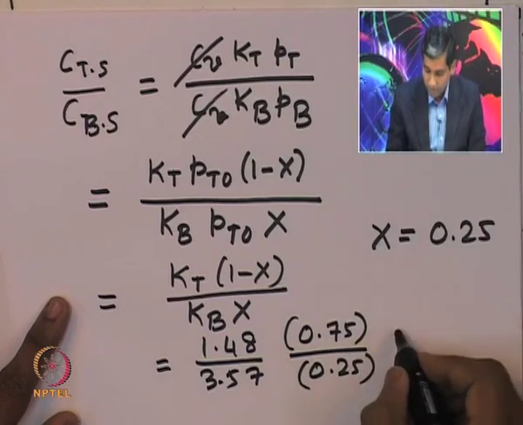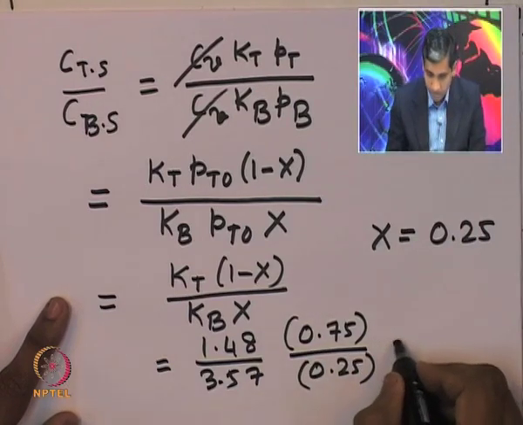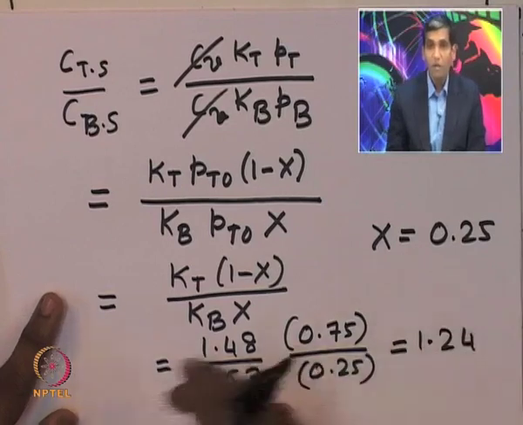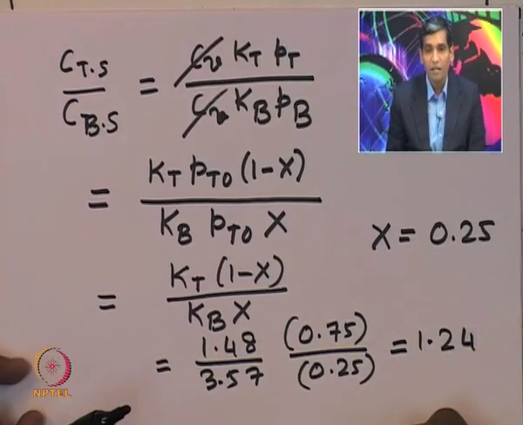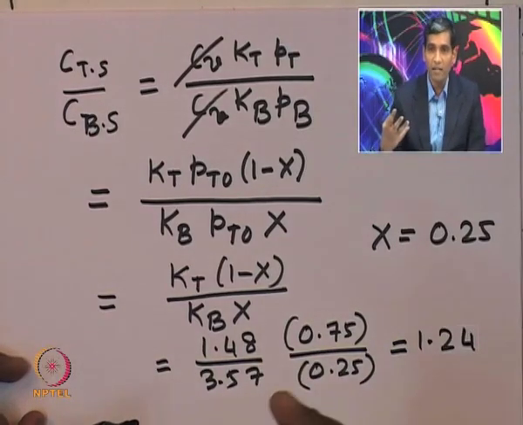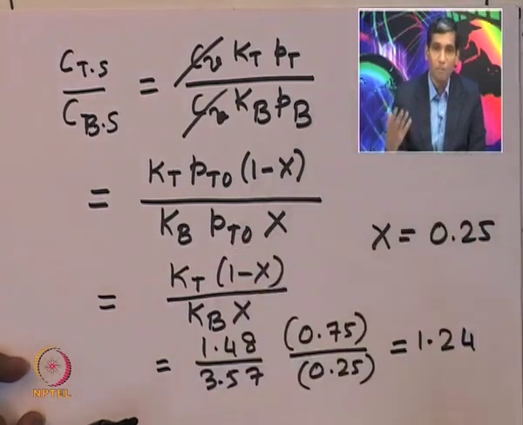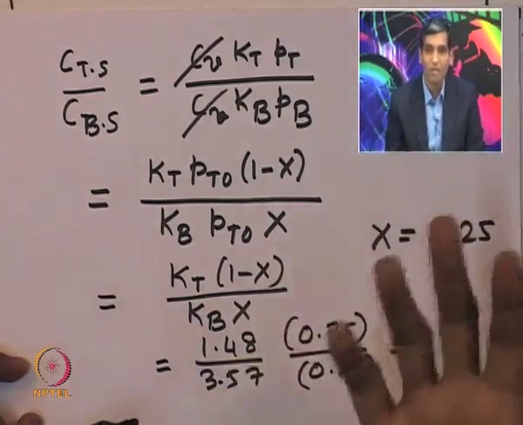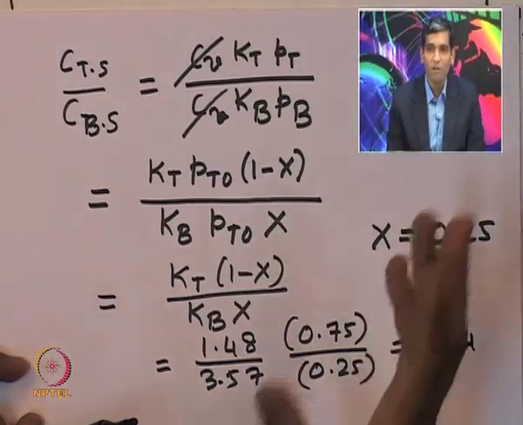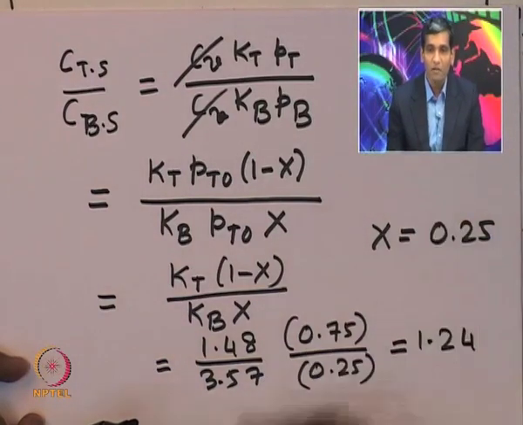So, this is approximately equal to 1.24. What this suggests is that the number of sites on which toluene is adsorbed is about 25% more than the number of sites on which benzene is adsorbed for the given set of experimental conditions. Okay. So, that is an important piece of information that one can deduce.